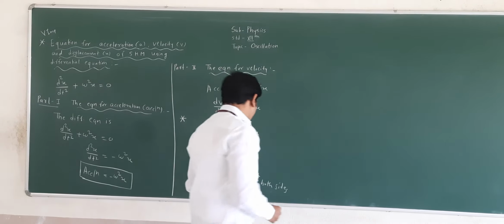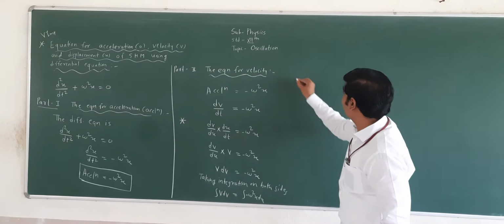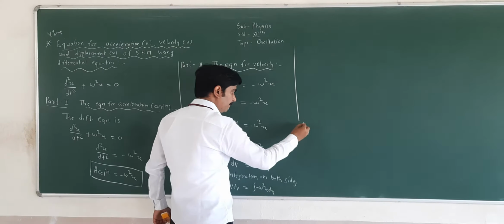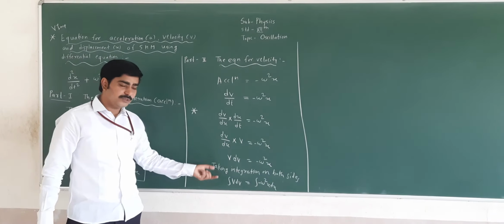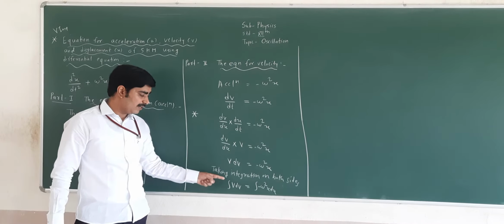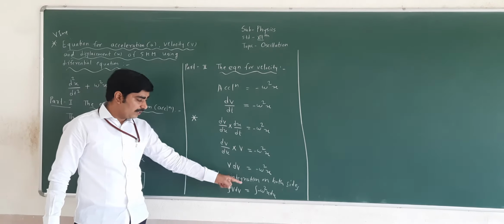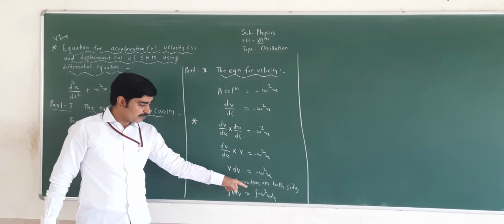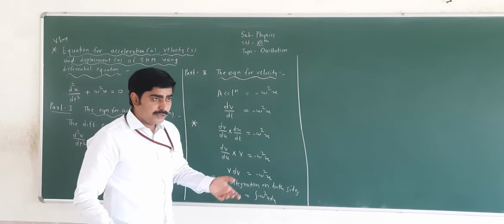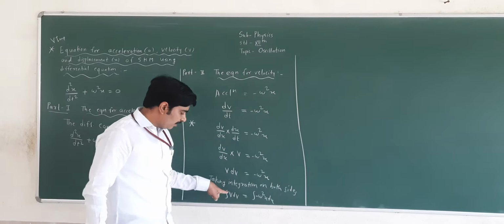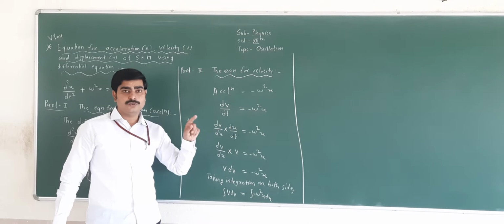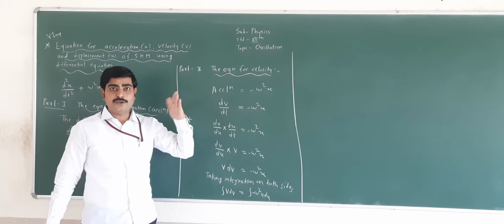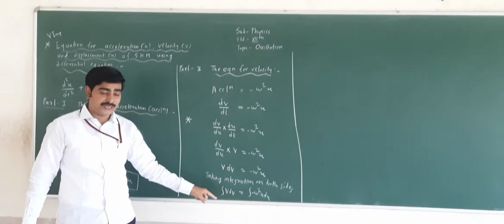According to the rule of integration, when we are taking the integration on both the sides, integration of v into dv is equal to integration of minus omega square x into dx. Remember, power of v is 1, so we should add 1. So 1 plus 1, 2. So v square by 2 will be the integration of v into dv.